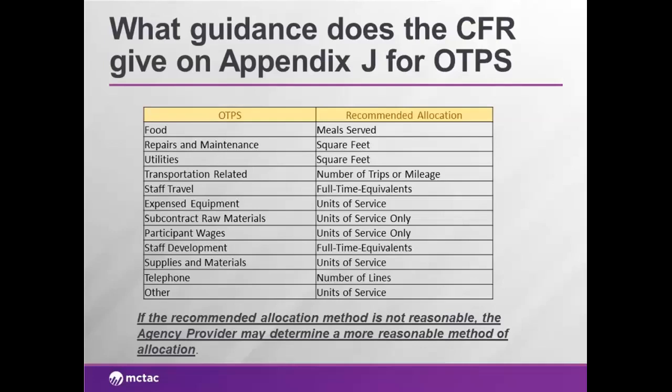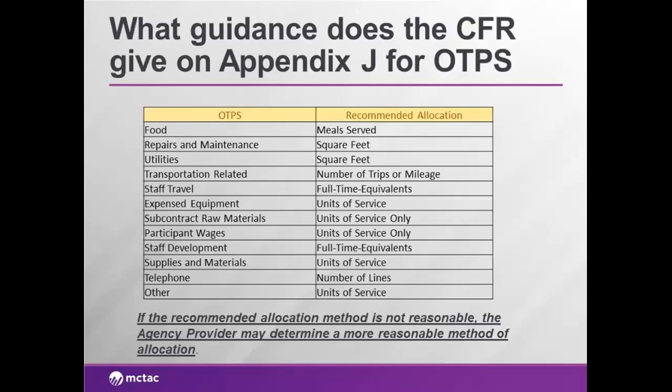Staff travel, you may use full-time equivalent; expensed equipment, raw materials, participant wages, if you have them, maybe units of service. Staff development, full-time equivalent; supplies and materials, units of service; and telephone may be the number of lines, or in other cases, units of service.